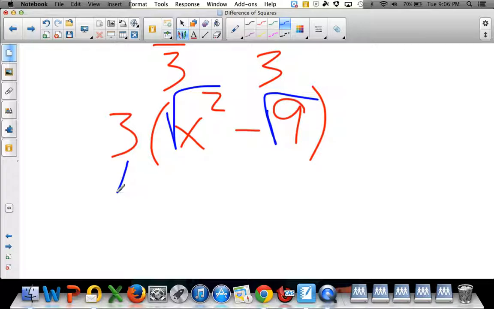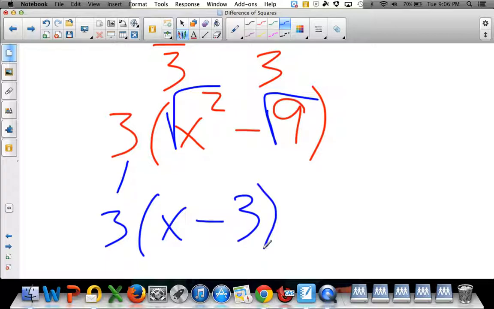So I will rewrite my 3, open my parentheses, the square root of x squared is x, keep my minus sign, the square root of 9 is 3, close my parentheses, and then I just rewrite the same binomial but with a plus sign. Just like that.